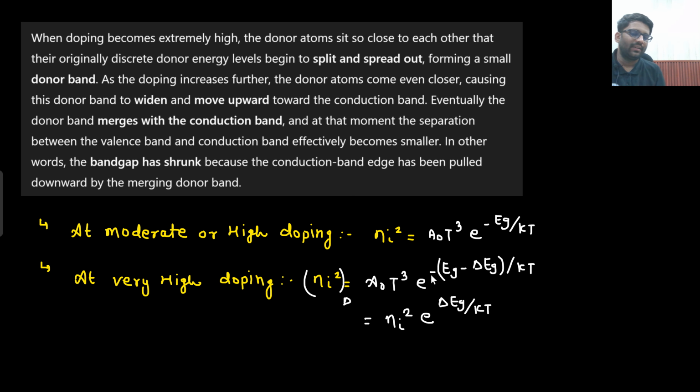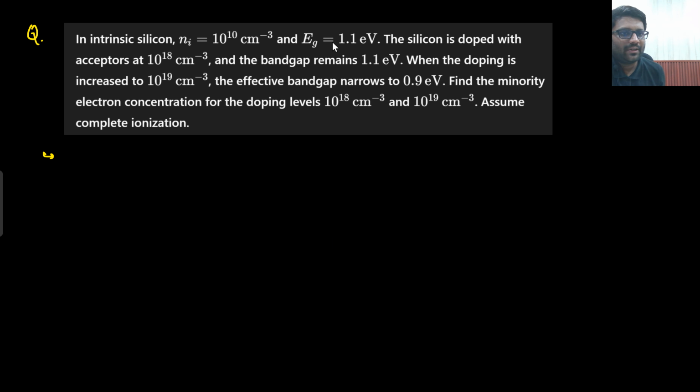So e to the power minus Eg by kT, e to the power delta Eg by kT. Previously, whatever the concentration I was having, multiply it with exponential of delta Eg by kT. So let's solve a numerical. This kind of numerical can come in your examination as well, and what will be the impact on our BJT, that also we will understand with respect to this numerical. Okay, so let's get started.